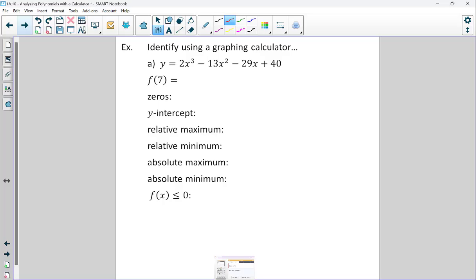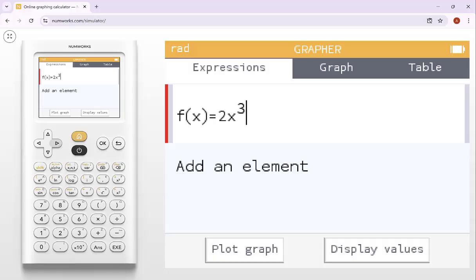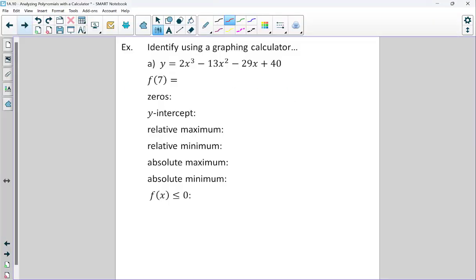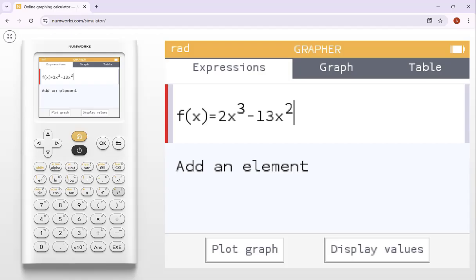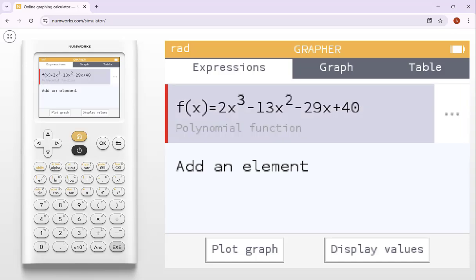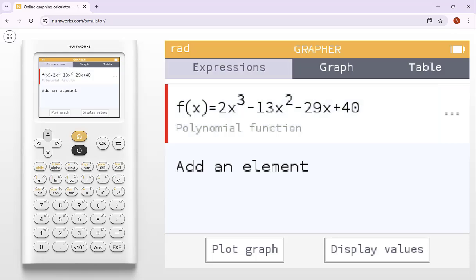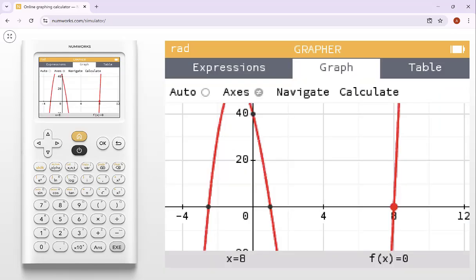And then minus 13x squared, minus 29x, plus 40. All right, lock it in. There's my function. Let's go ahead and graph it.